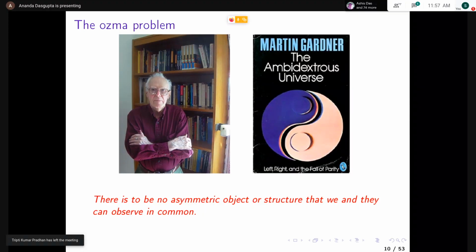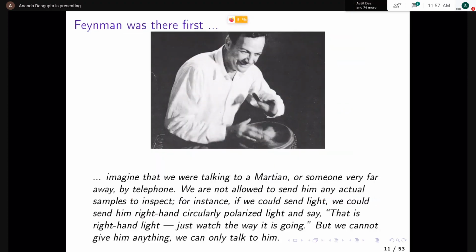But Gardner was not the first person to talk about it. In fact, one of the first people to talk about it in print happens to be the great Richard Feynman. And I can't resist this, although it may be a bit boring to some of you, I can't resist quoting Feynman in toto from his book.